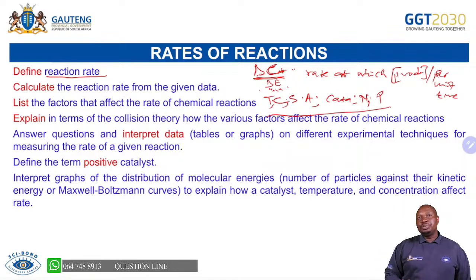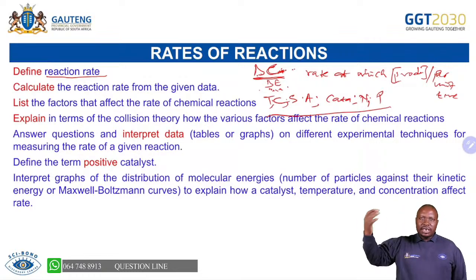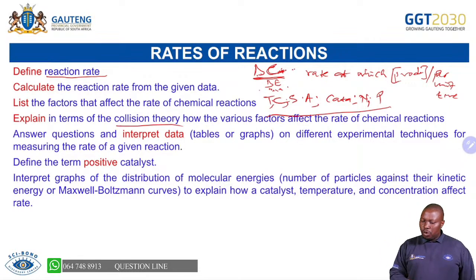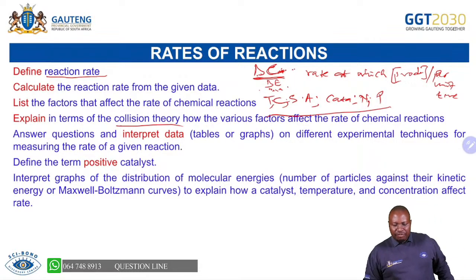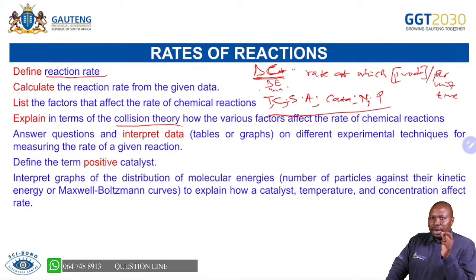So all those are factors that affect the rate of reaction, and you have seen that most of them, when you increase them, you increase the rate of reaction. You must be able to explain in terms of collision theory how the various factors affect the rate of chemical reaction. And you must know that as we talked about this in question 3 of organic molecules.